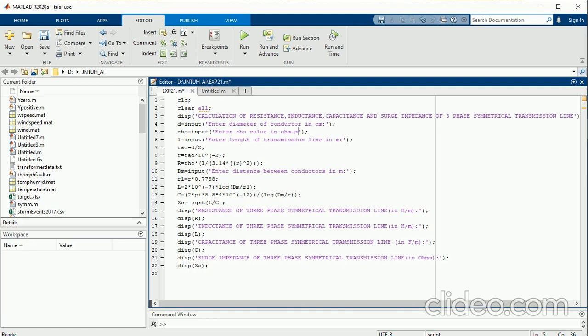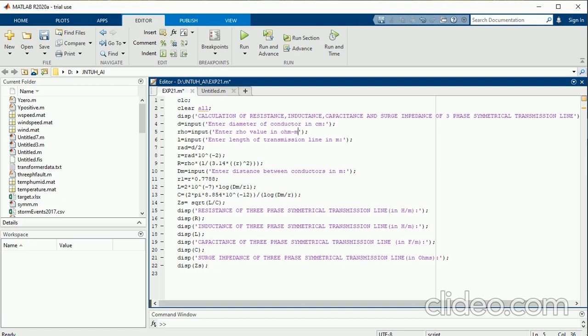So R equals rho L by A. In MATLAB, please observe that L and 1 may look similar, so please be aware of it. This is L, small L. Rho I already got from the user, and the L value I already got from the user. Coming to A, since the transmission line has a circular cross-section, the area will be pi r square.